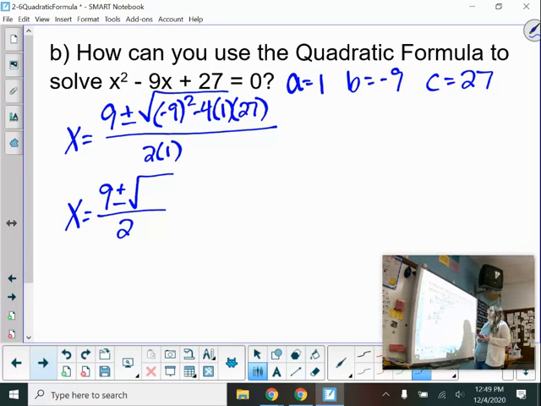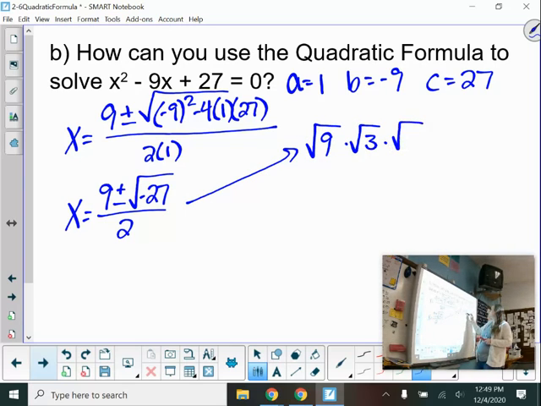So I have negative 9 squared minus 4 times 1 times 27. And this is going to give us negative 27. So again, I have a square root I have to break down. I also have a negative, which means I'm going to have an i in my answer. So that square root of negative 27, you're looking at 9 and 3, and then you also have the negative 1.